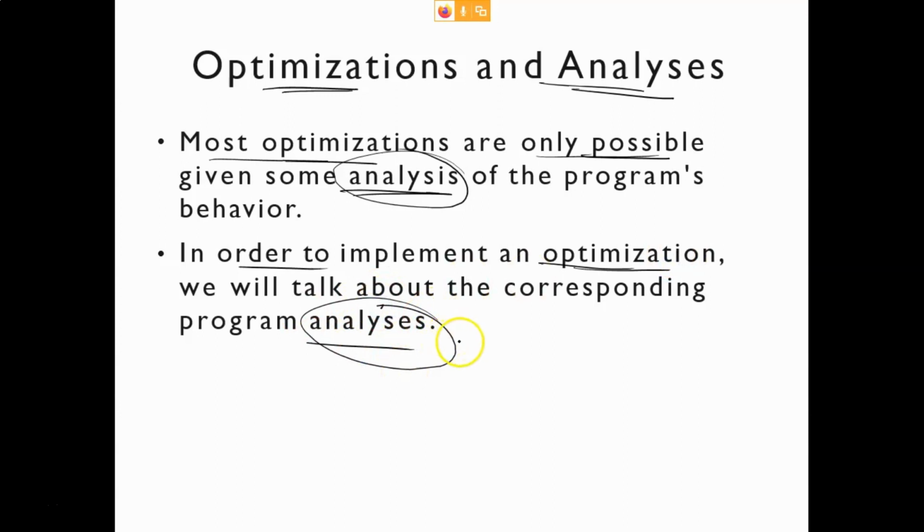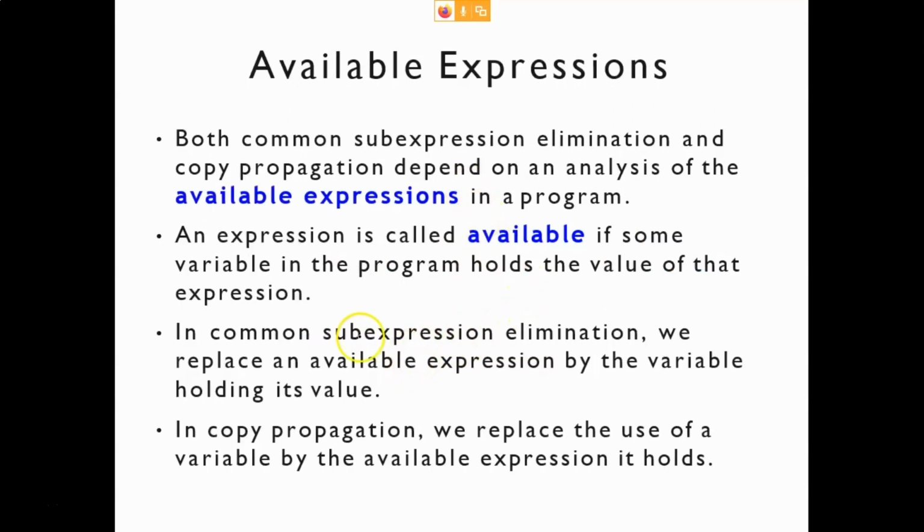If you want to do common subexpression elimination or copy propagation, you need to do availability expression analysis. We will see what this analysis is, and then how it helps us in common subexpression elimination and also in copy propagation.